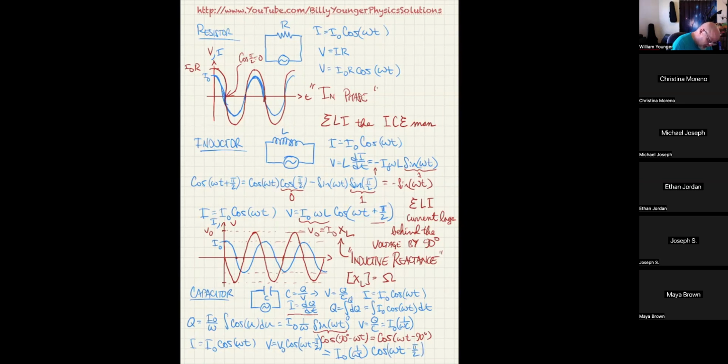So you can see by parallel, V equals IR implies V is equal to I0 XC. And of course, XC is defined as 1 over omega C. So I fit that all in there.